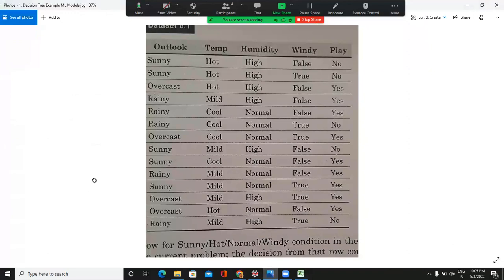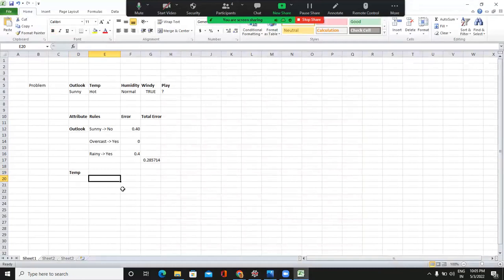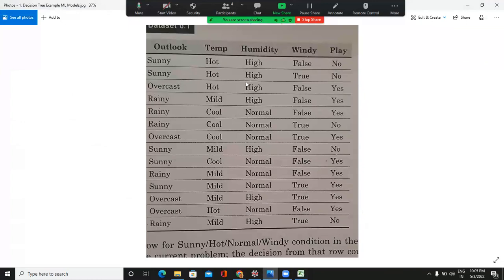So if we first pick hot, let us see where the error is less. So hot, no, hot, yes, hot, yes. So it's a 50-50 case.